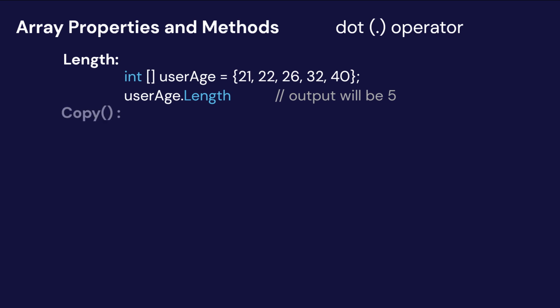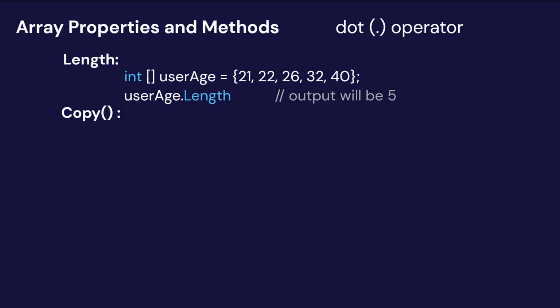The Copy method allows you to copy the contents of one array into another array, starting from the first element. In C#, a method may have many different variations. Whenever we use a method, we need to put a pair of parentheses after the method name. Some methods require certain data for it to work. These data are known as arguments. We include these arguments in the pair of parentheses.